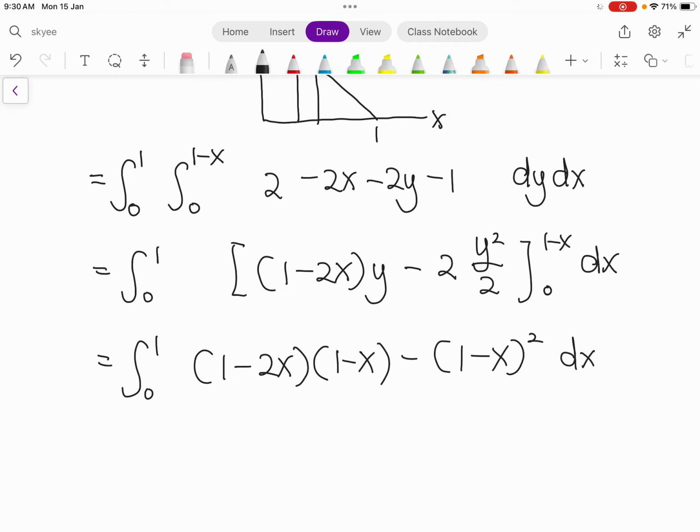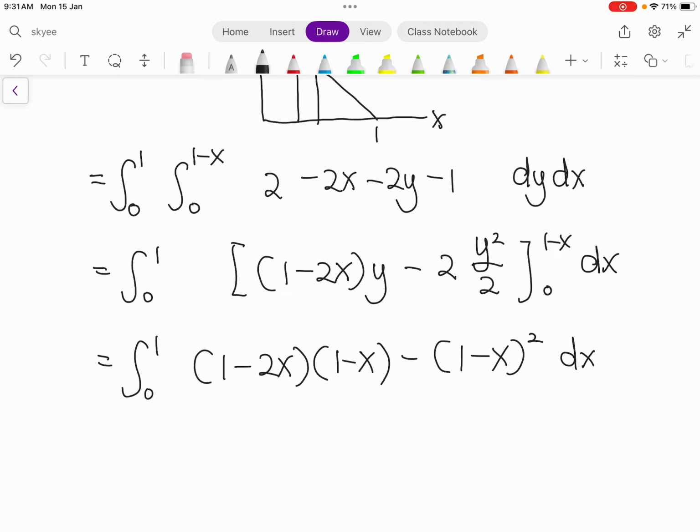Now you can press your calculator for the answer. So let's try. We have integrate 1 minus 2x, close my bracket, 1 minus x, close my bracket, minus 1 minus x squared. No, I should close my bracket first.